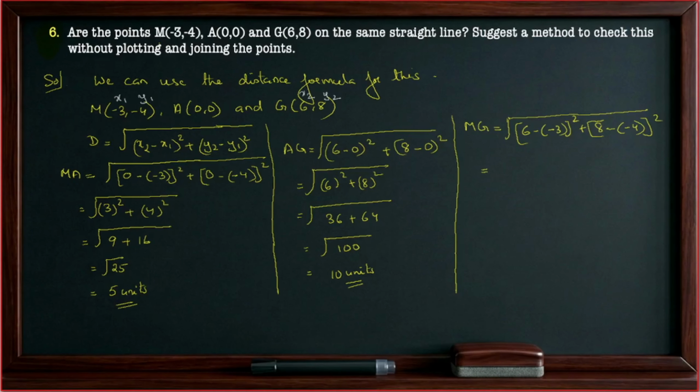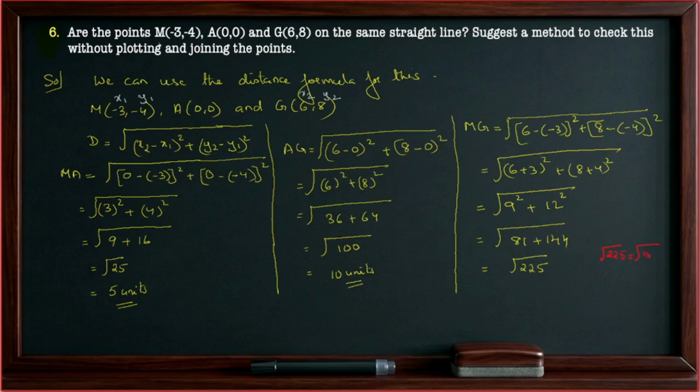Then 6 minus minus will become plus, 6 plus 3 the whole square plus 8 plus 4 the whole square, which is equal to 9 square plus 12 square. Then root of 9 square is 81 plus 12 square is 144. Here the answer is root 225. Root 225 is equal to root 15 into 15, which will take only 15 out. So here the answer is 15 units.